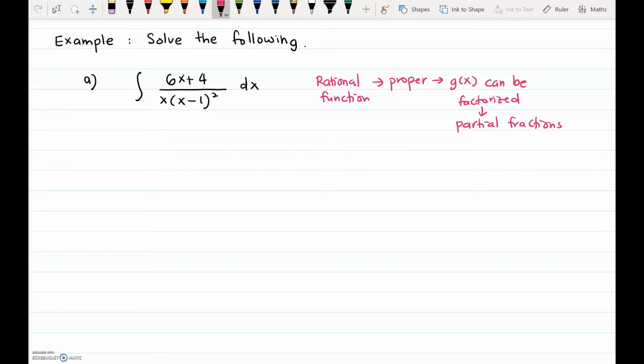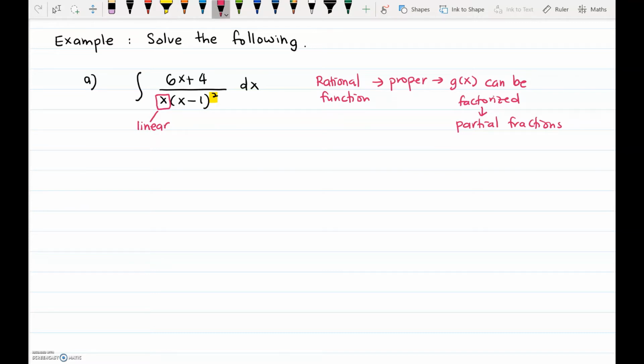For partial fractions, we have 3 cases, so you have to identify which case is suitable. In this case, we have a linear factor, x. The second one has a power of 2, and inside the bracket it is a linear factor where x is to the power of 1.